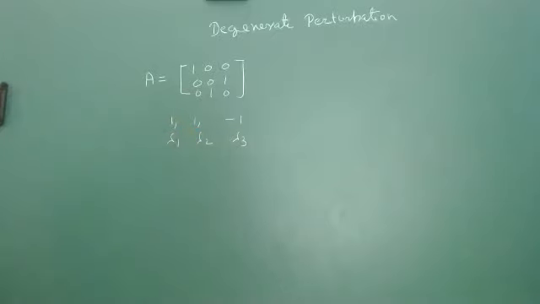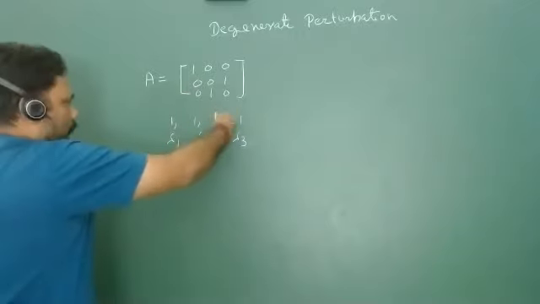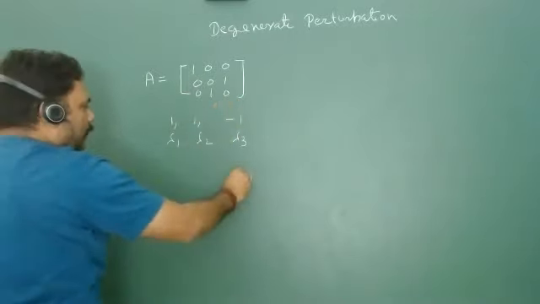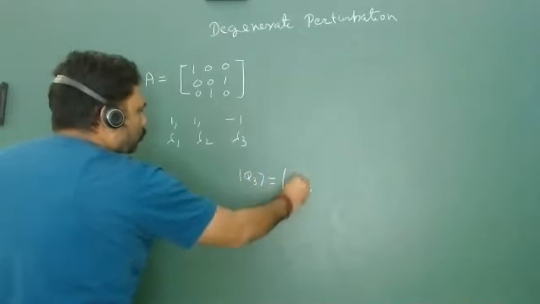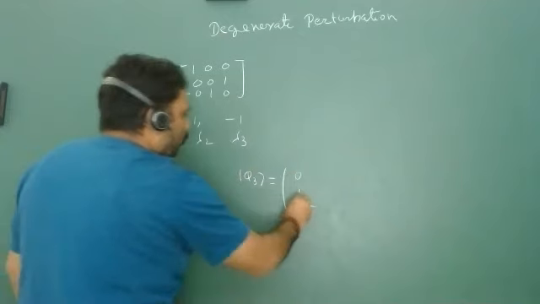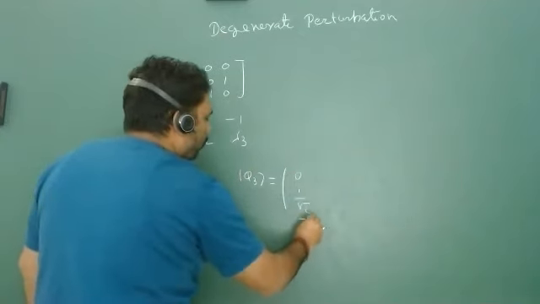What will the eigenvectors be? If you calculate, phi 3 is 0, 1 by root 2, minus 1 by root 2.